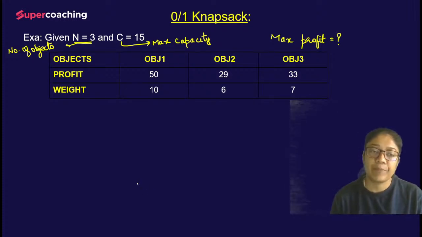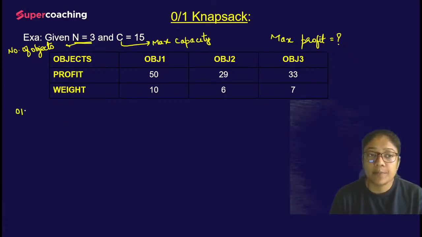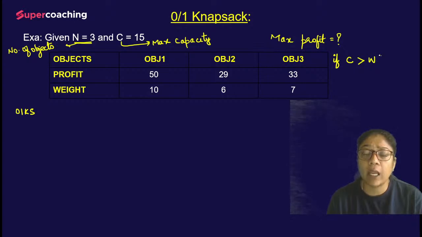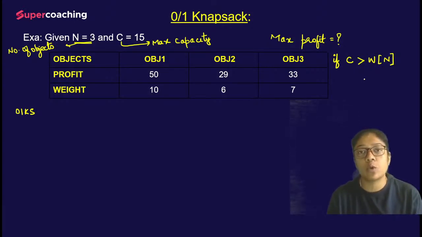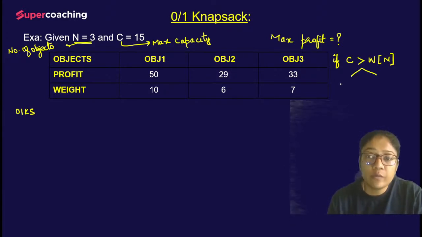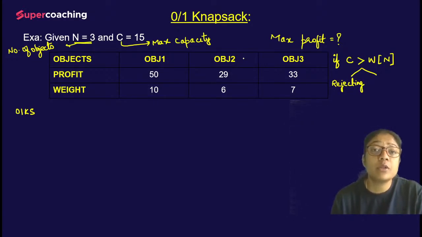How will we find it? As we just discussed, I am making a recursive call, 0/1 knapsack. The idea here is if the maximum capacity is greater than the weight of any particular object, if you are considering the nth object and the capacity is more than the weight, then we have two options. We may get the maximum profit by rejecting the object, because we do not know about the profits of the other objects.